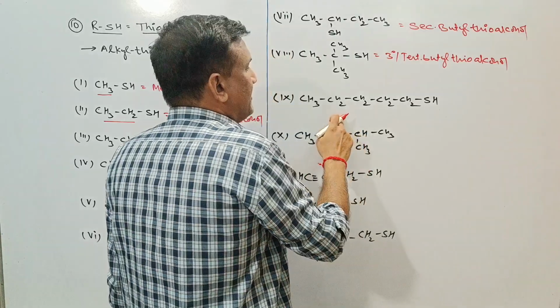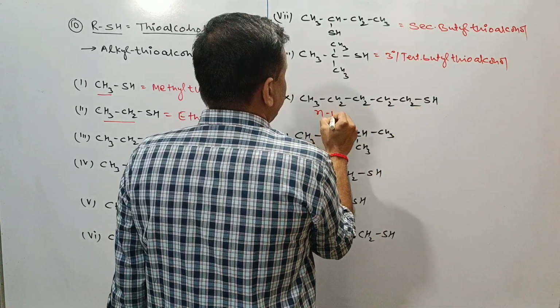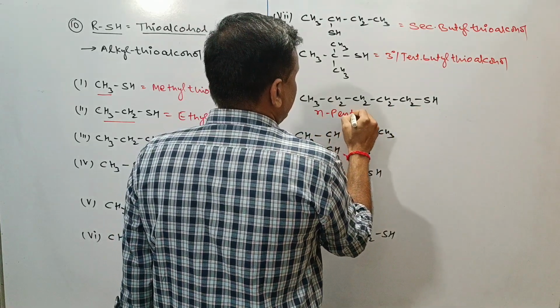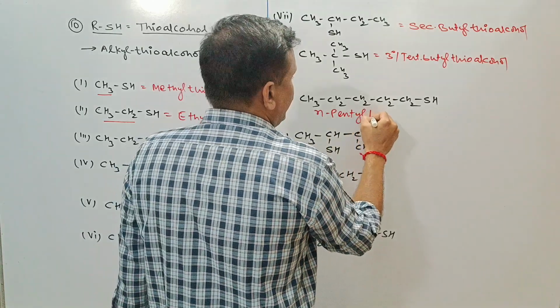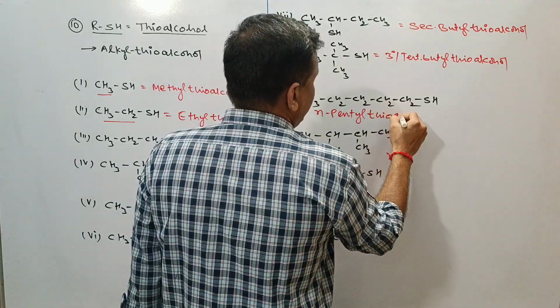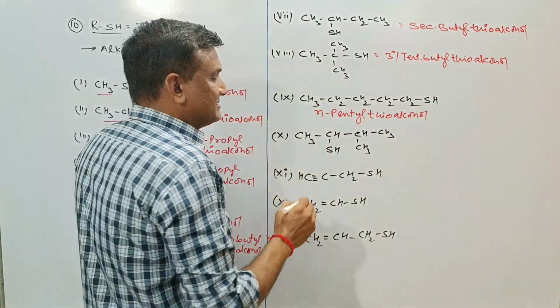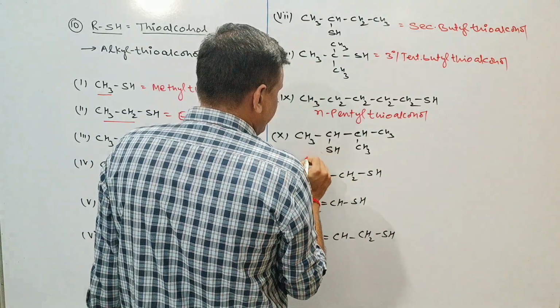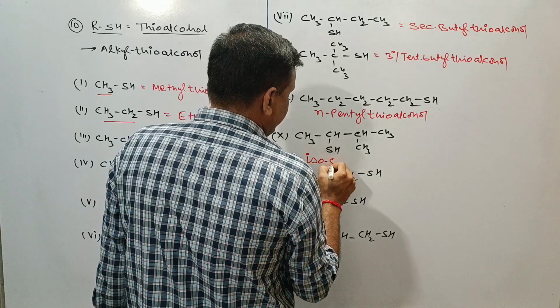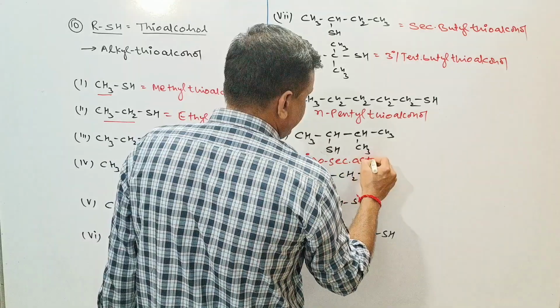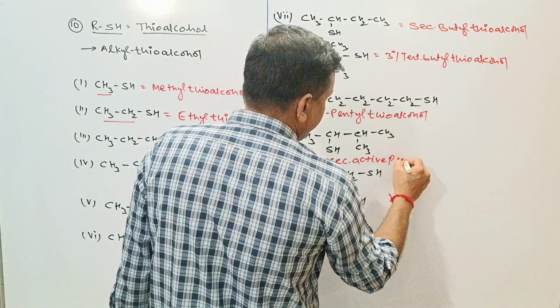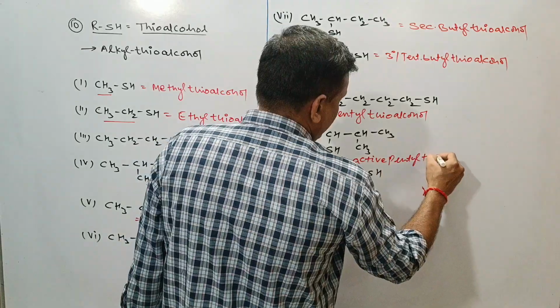Now the next compound is n-pentyl, or n-amyl also, thioalcohol. If I go further, then this is called isopentyl, secondary active pentyl thioalcohol.